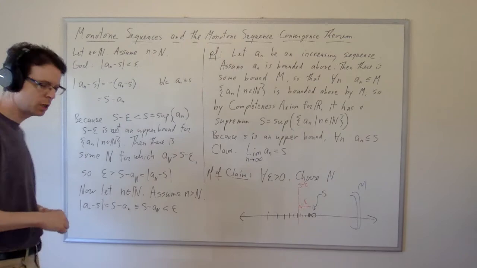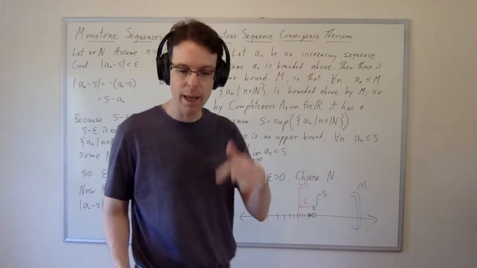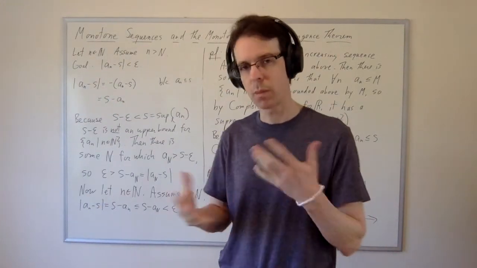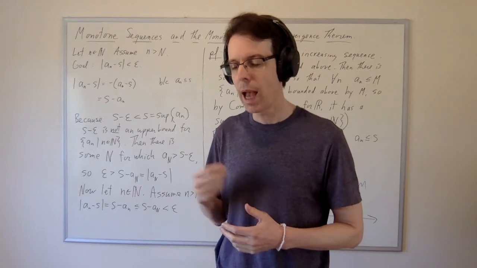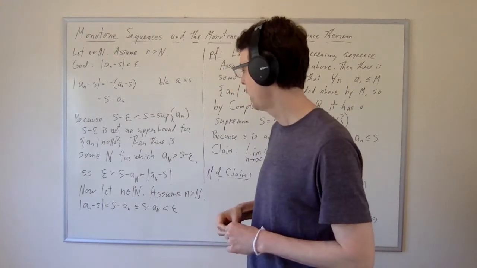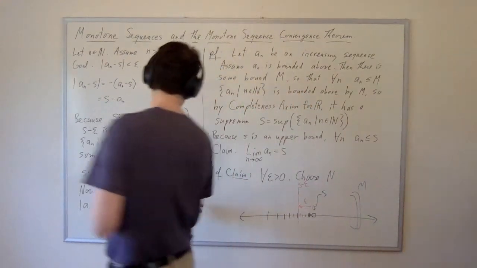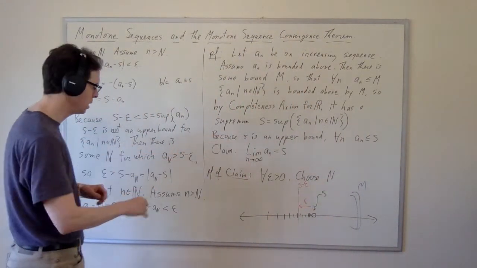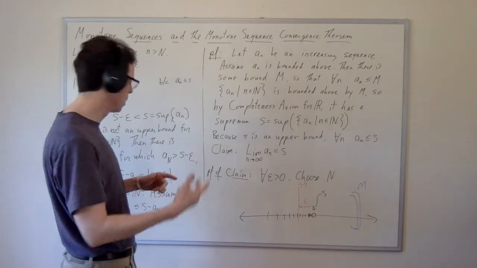The relationship between a sub little n and a sub cap N is caused by the fact that the sequence is increasing. A sub little n is greater than or equal to a sub cap N because little n is farther down in the sequence. So a sub little n is the larger.